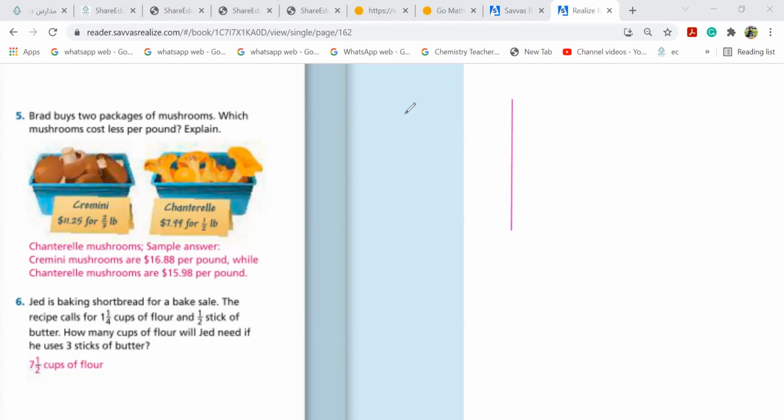For per pound, they want to know which one costs less. So for 2/3 LB, you are paying $11.25. So 1 pound, how much? This one you will find for this, and this one you will do half LB.